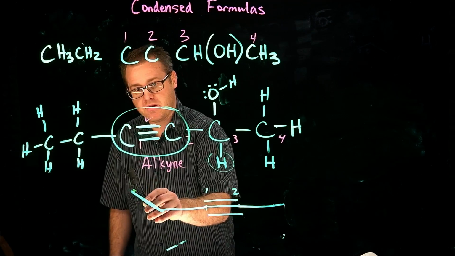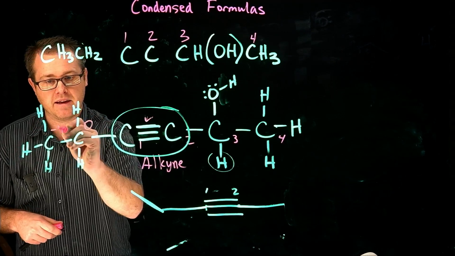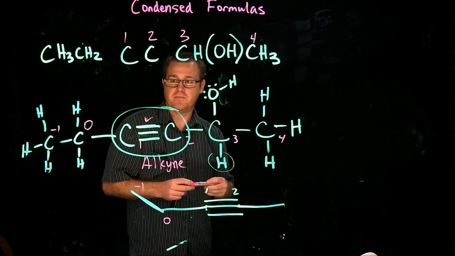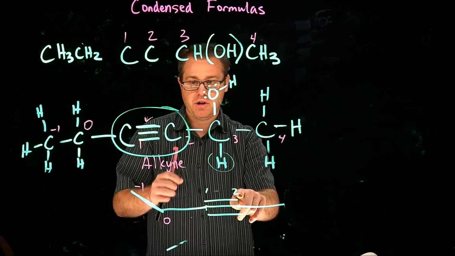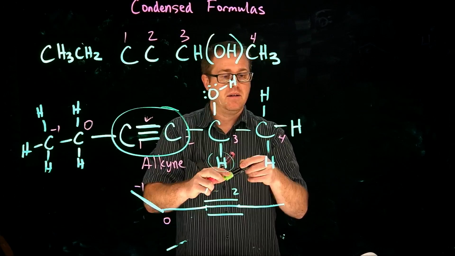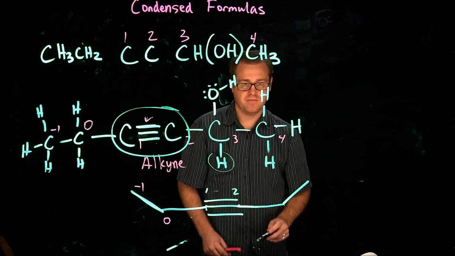So there's our methyl. So if we want to go back to our numbering scheme like this, 0, -1, that's 0, that's -1. And then carbon 2 is directly bonded to carbon 3, which is that guy. And carbon 3 is directly bonded to carbon 4, which is our methyl.